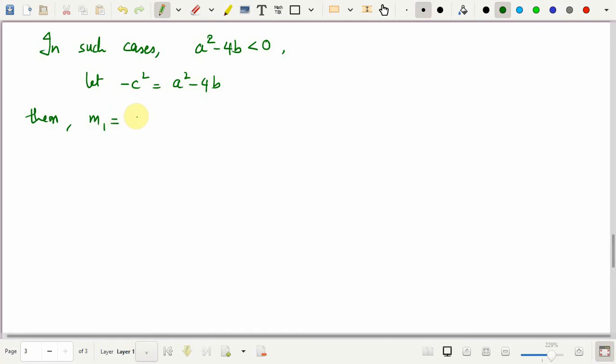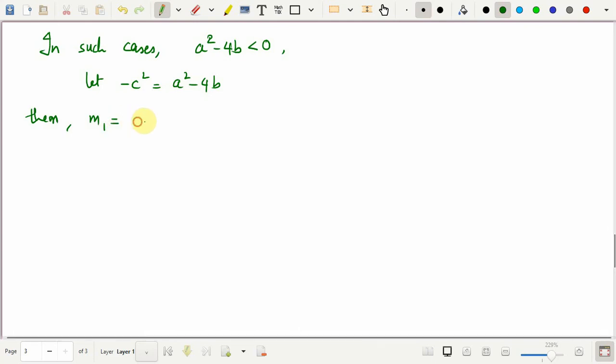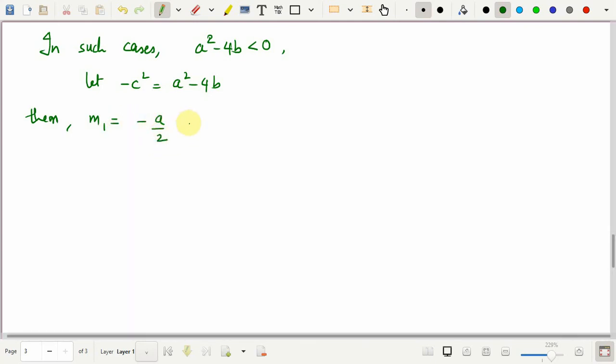So I can write m1 as, if I split the term with the denominator, the first term is minus a by 2 and the second term is root of a square minus 4b, which is the same as root of minus c square, which is root of minus 1 into root of c square, that is c.